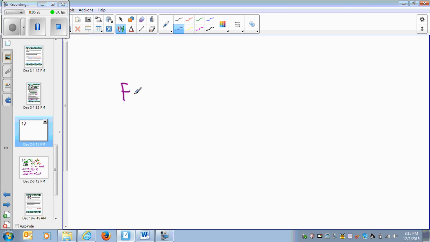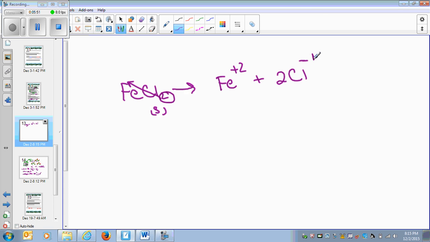So if I have FeCl2 and I take it as a solid, it is very important that you write these symbols. So yes, I take it as a solid and it gives me iron plus 2. Now how do I know it is plus 2? Because I switch this back. So iron plus 2 and I have two chloride ions. So 2Cl minus 1.